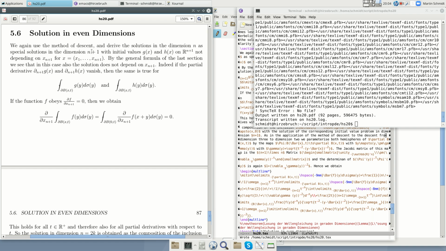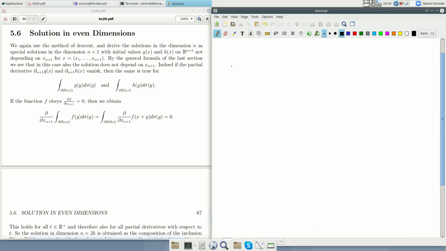This means we consider initial values g and h as functions on R^{n+1} by combining with the map that takes x, with coordinates in R^{n+1}, to x bar, which is just x_1 to x_n, where we neglect the last component, the n+1 component.